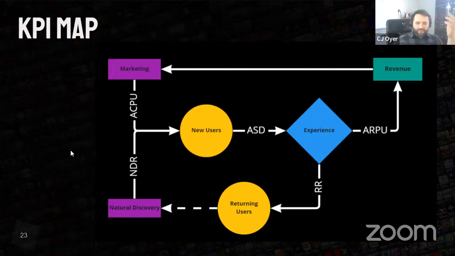And if the average session duration increases, the number of concurrents in your game will increase, and that will increase the retention rate. And then the average revenue per user will take the number of people in your experience and translate it to revenue, and you can see where this is going.